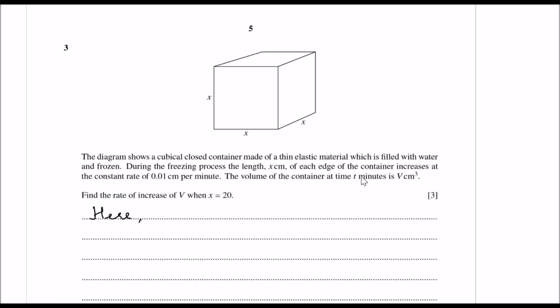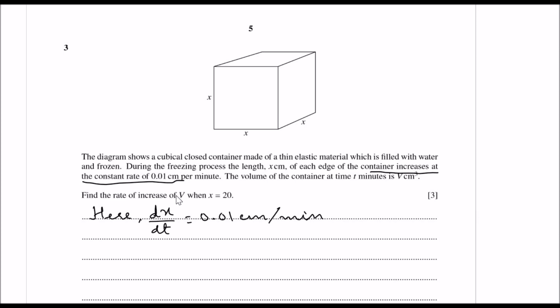It says, see, the length x centimeter of each edge of the container increases at the constant rate. This one. So we have dx by dt is equal to 0.01 centimeter per minute.